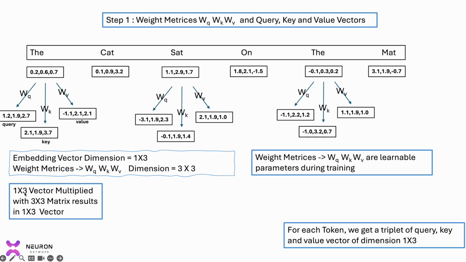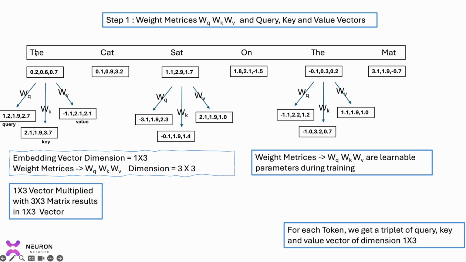When a 1 cross 3 vector gets multiplied with a 3 cross 3 matrix, by linear algebra the result will be a 1 cross 3 vector. So when we multiplied it by these weight matrices, we got a triplet of query, key and value row vectors, again of dimension 1 cross 3. And friends, remember, these 1 cross 3 and 3 cross 3 are very simple examples. In the real world, it's much, much bigger than that, okay?